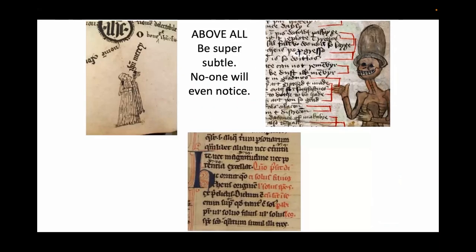And then we get some of these ones. I think the one on the top right is my favorite. Here is a whole pile of corrections and notes that somebody has made. Why it's a skeleton in a top hat pointing it out, I don't know, but I think it's hilarious. And I just like the little monk on the right.